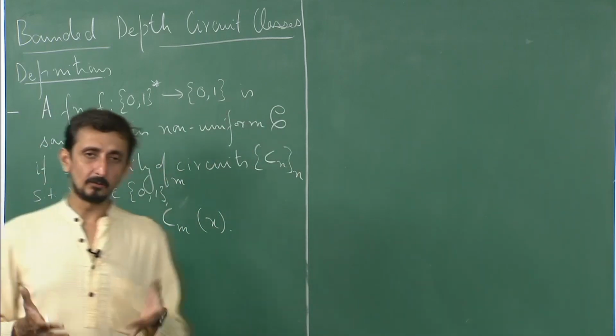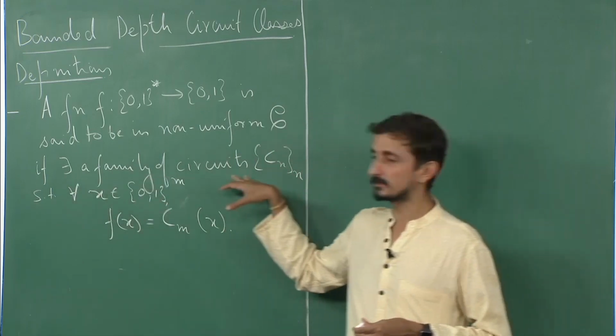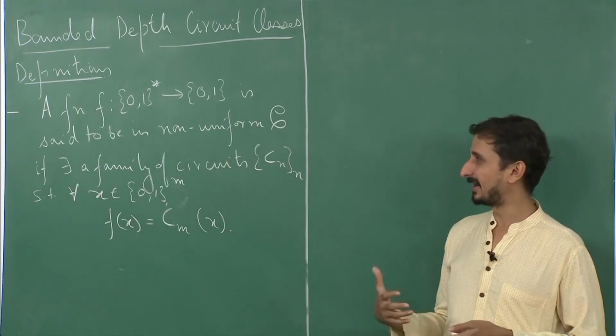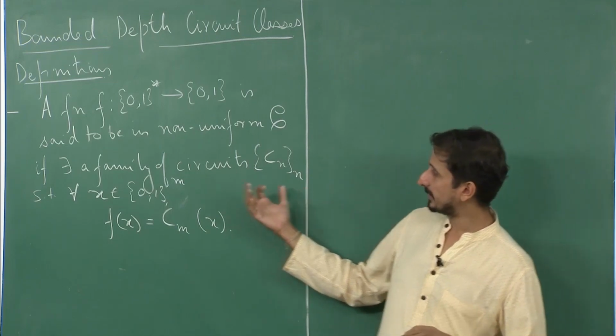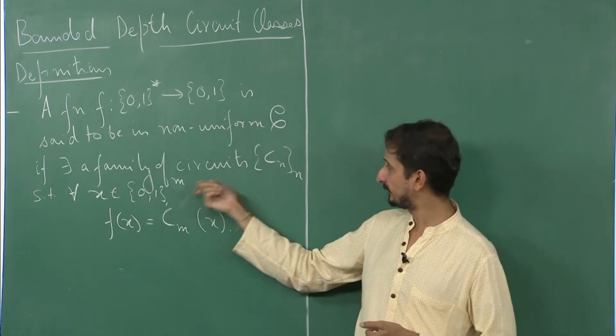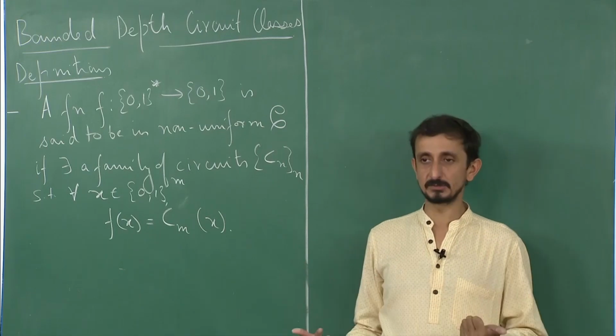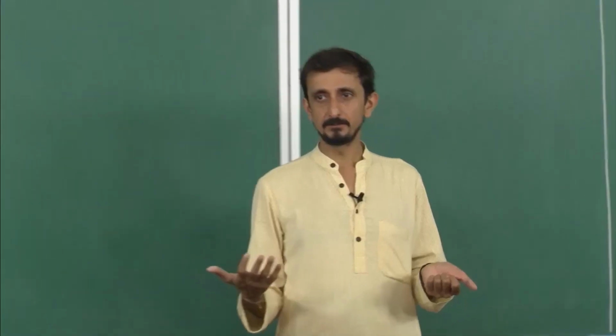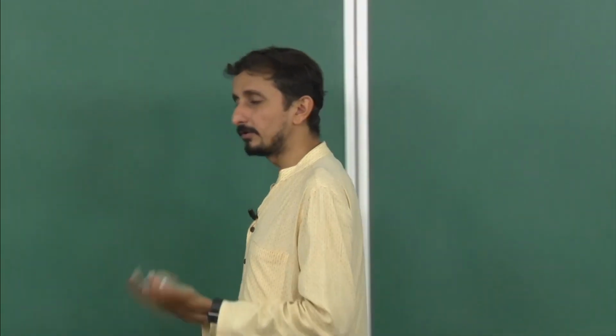Essentially the only thing that we are given is the existence of such a family. This family need not be constructible, and we say that it is in uniform C if this family can be constructible as well. We have notions of log space uniformity, and other notions of uniformity as well.